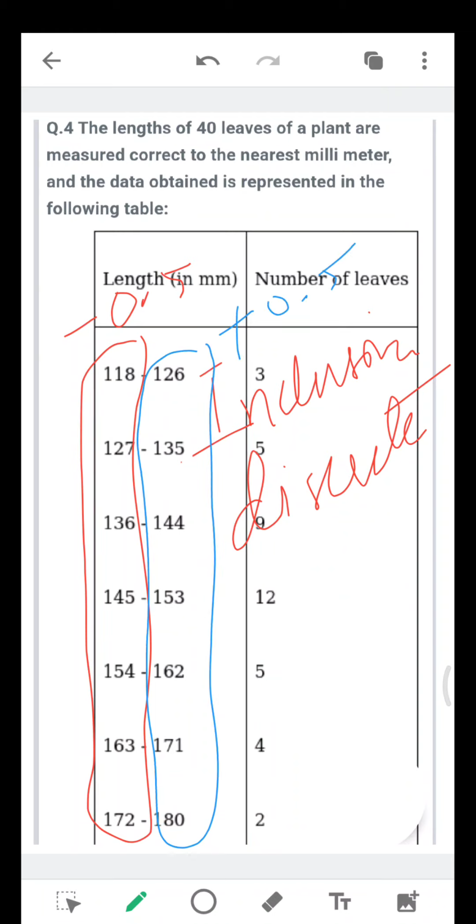Remember the rule. How to convert inclusive classes to exclusive, or discrete classes to continuous? Very simple. You have to subtract 0.5 from the lower limit and add 0.5 in the upper limit.